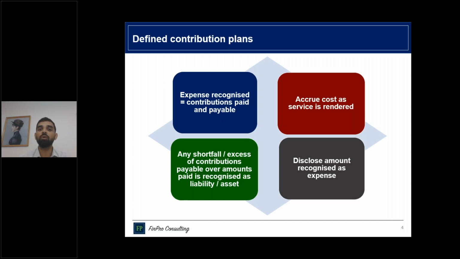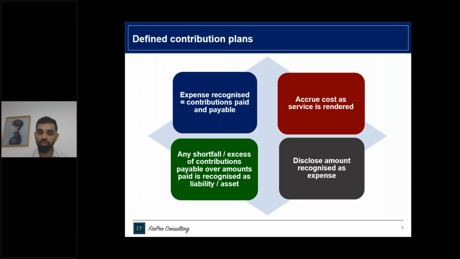That accrual amount is recognized as an expenditure in your statement of profit and loss over the period of the service life. In case you have paid any advance amount, it will be considered as an asset. In case there is any shortfall on the amount paid, it will be considered as a liability. So it is just as simple as recognizing any other normal expenditure in the statement of profit and loss.